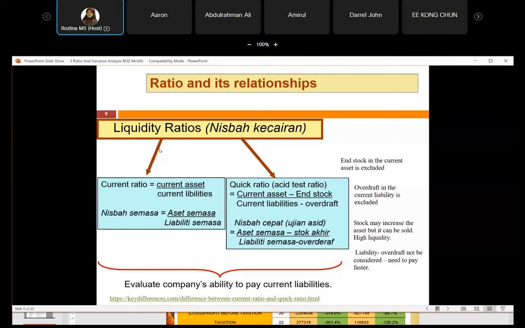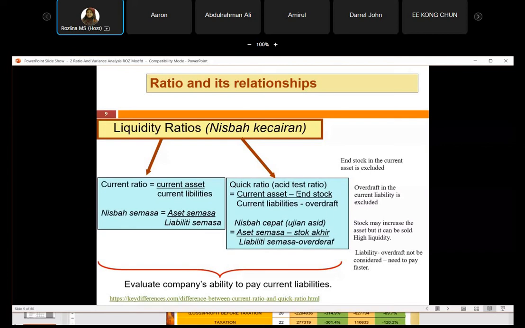So you have the liquidity ratio, nisbah kecairan. You have two types: first is the current ratio and the second is the quick ratio. The difference is the end stock and also the overdraft. In the quick ratio we omit the end stock and overdraft.